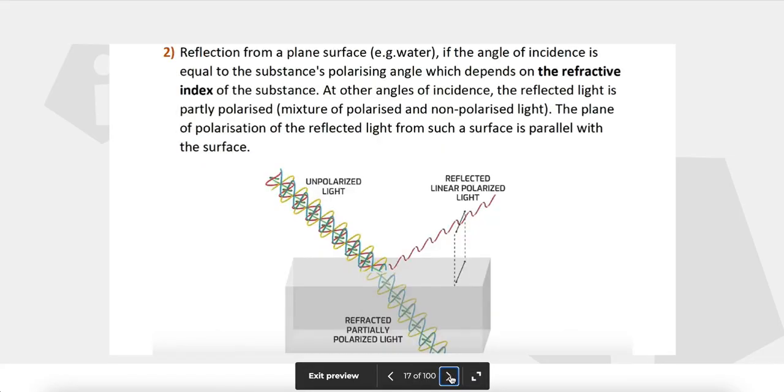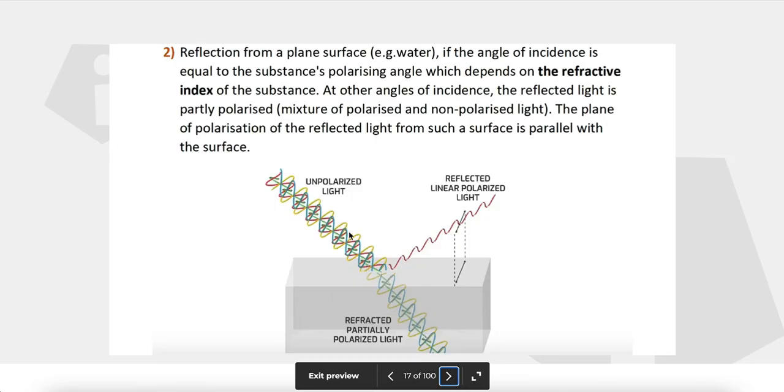The second method for producing polarized light is through the reflection from a plane surface. When there is unpolarized light, where the light waves are vibrating in all planes, and it hits the plane surface, as we mentioned before, some will reflect and some will refract.